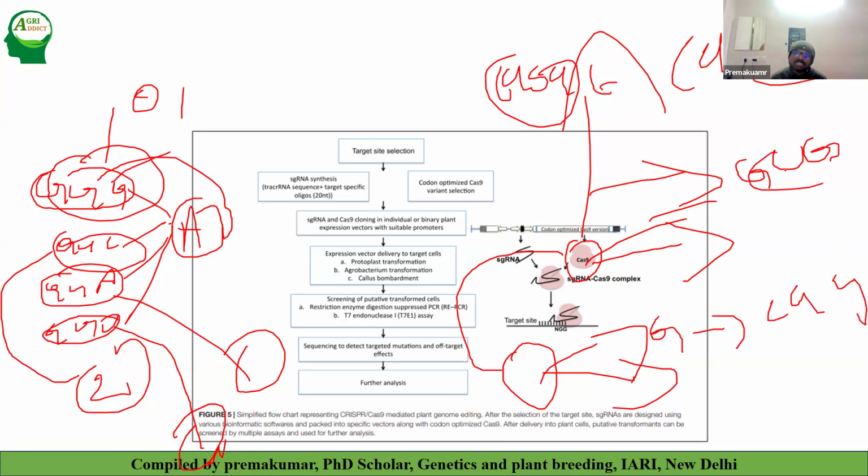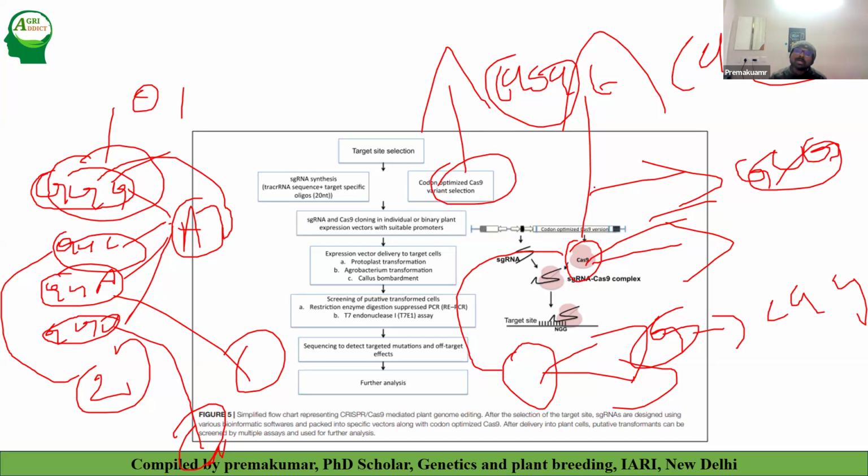There will be a difference in the codon, so you may not get a proper Cas9 with the same effectiveness as in the bacteria, because of this codon bias. That's why before introducing the Cas9 gene into the plant, you should optimize it so that the efficacy of this enzyme will not be disturbed. You should do codon optimization of any enzyme before introducing it from one species to another.